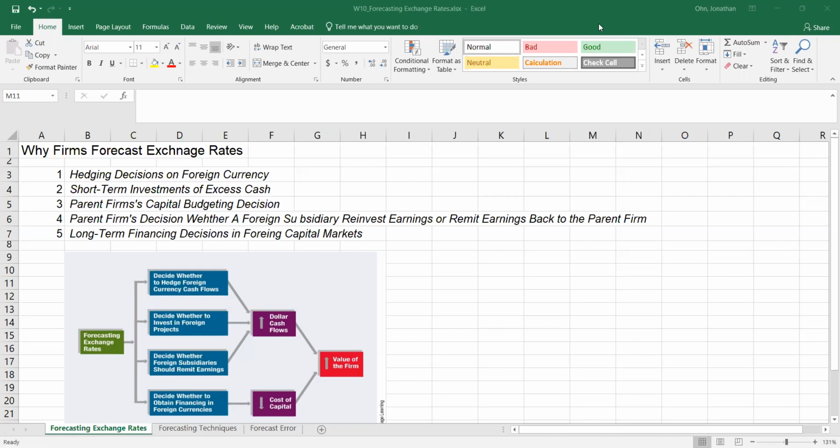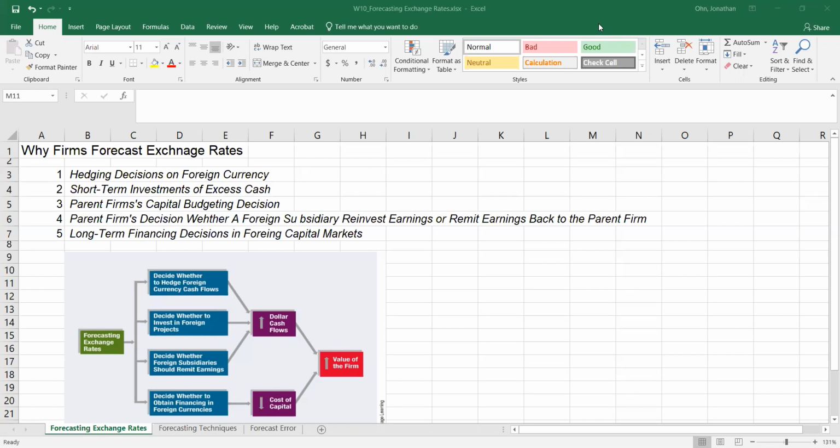And short-term investment of excess cash, excess capital: a good forecast of the exchange rate will be an important factor for that. Forecasting is also important for the parent firm's capital budgeting decision, or its decision whether the foreign subsidiary reinvests its earnings or remits the earnings back to the parent company.